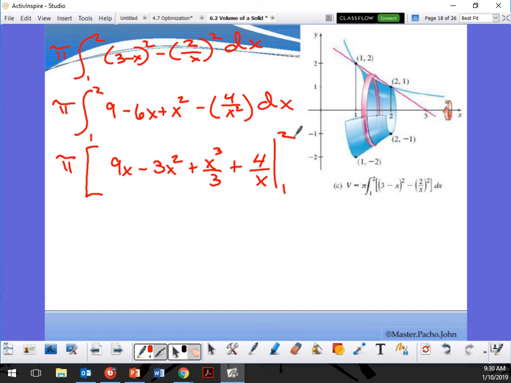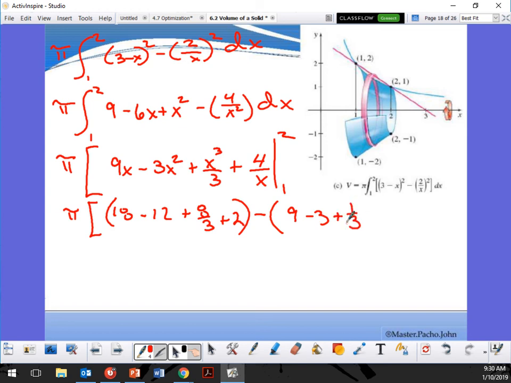So this is going to be pi times 18 minus 12, plus 8 over 3, plus 8 over 3, plus 2. That's all of this first one, minus the lower bound, which would be 9 minus 3 plus 1/3 plus 4.